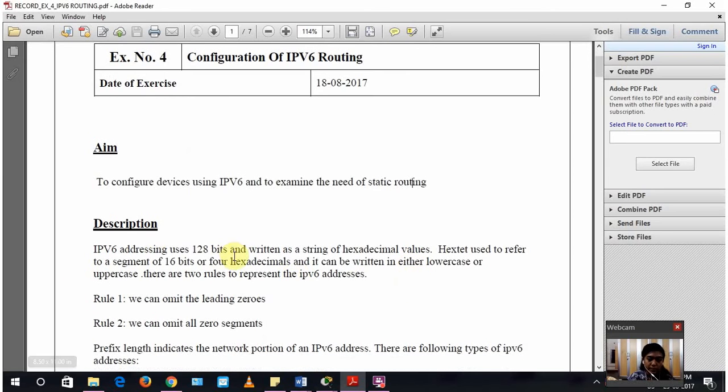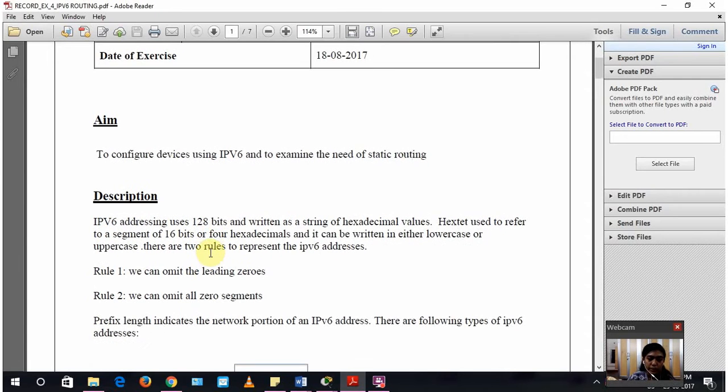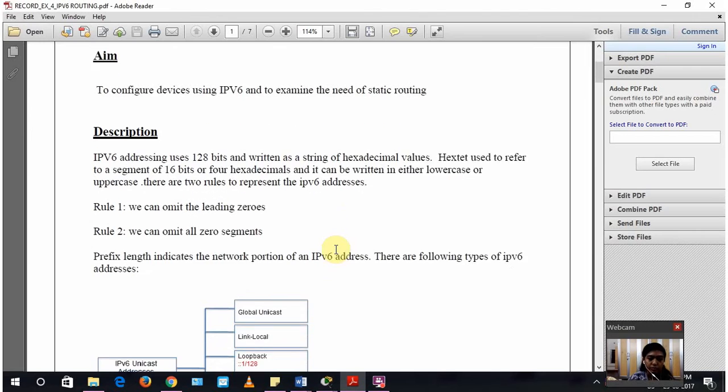IPv6 addressing is used in place of IPv4 because IPv4 addresses are small in number and they are depleting. IPv6 addressing uses 128 bits and is written as a string of hexadecimal values.